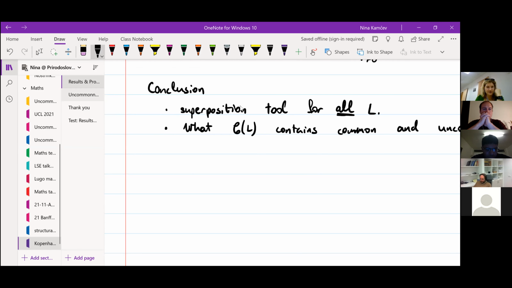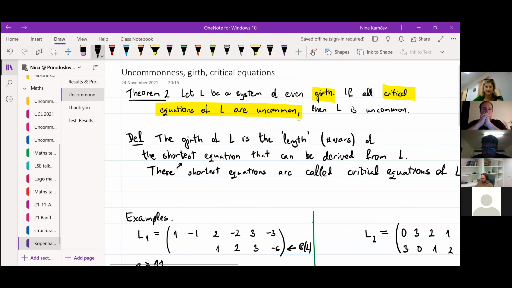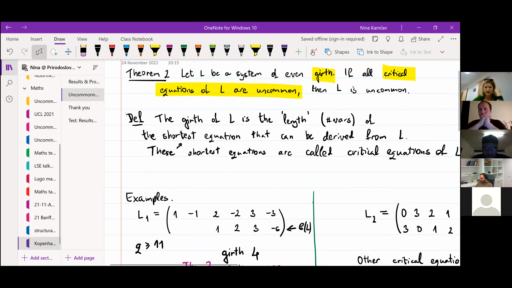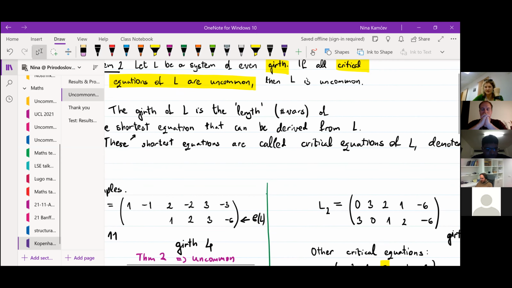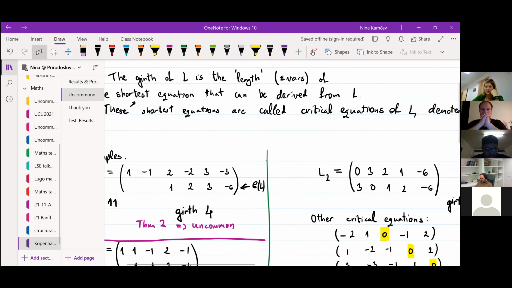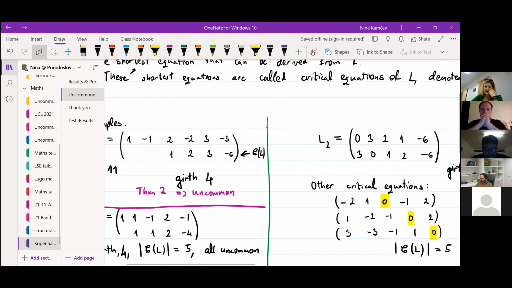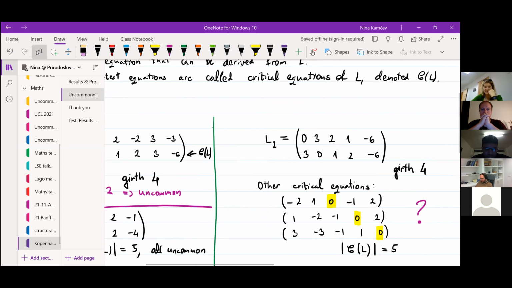Going back to our examples, even in the case of two equations with four variables, the situation is unclear. So for instance, we had this one system that had two uncommon critical equations and three common ones. And it actually turns out that that thing is common.